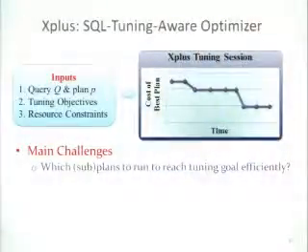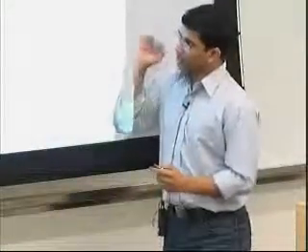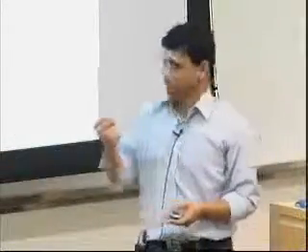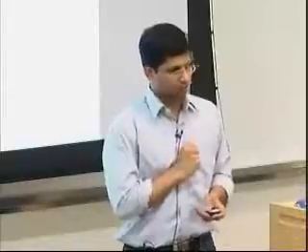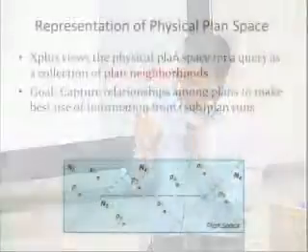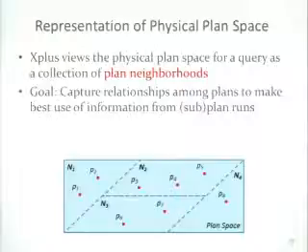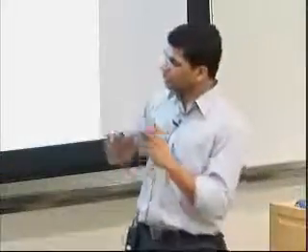Okay? So this whole problem and some of the ideas that we use, especially running plans and using feedback, is not really new. What I'm going to spend a lot of time focusing on is this big challenge of which subplans from this large space of plans to run to reach your tuning goal. Okay? And if I were to abstract out the one single main idea in Xplus, it is how we treat this overall physical plan space.